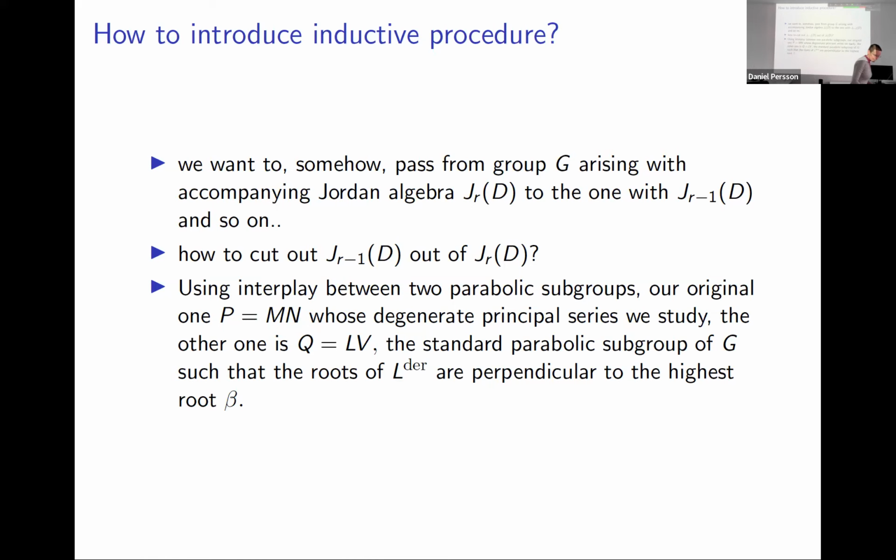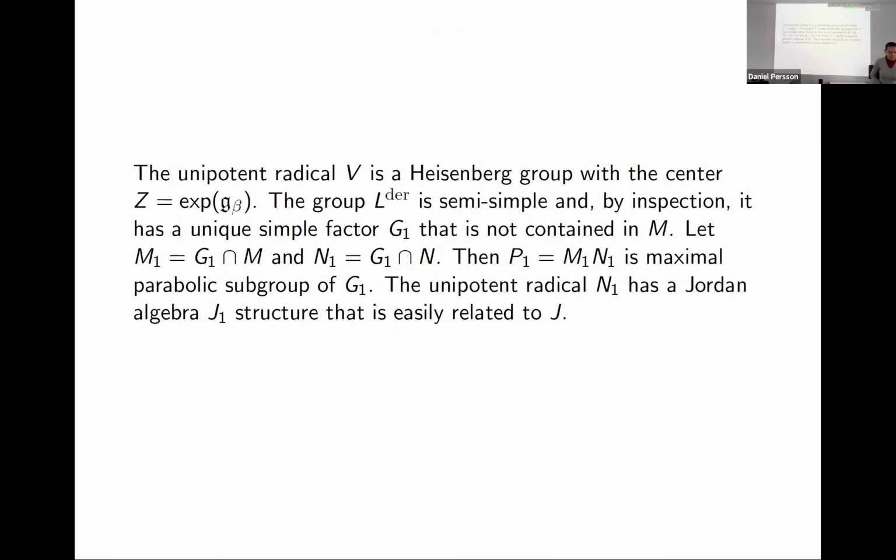So let me be more precise. We have here a unipotent radical, which is a Heisenberg group, and we denote the center D. Actually, this is the root subgroup with respect to the highest root.